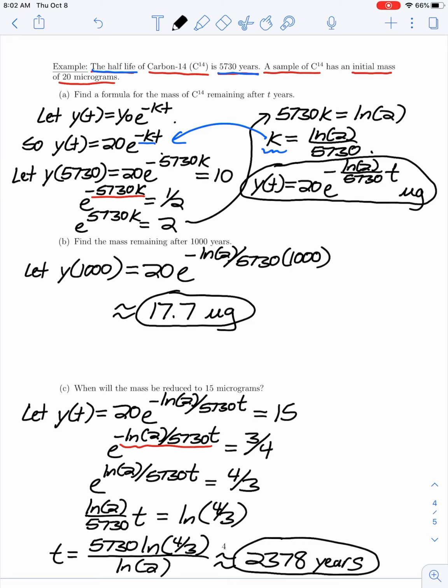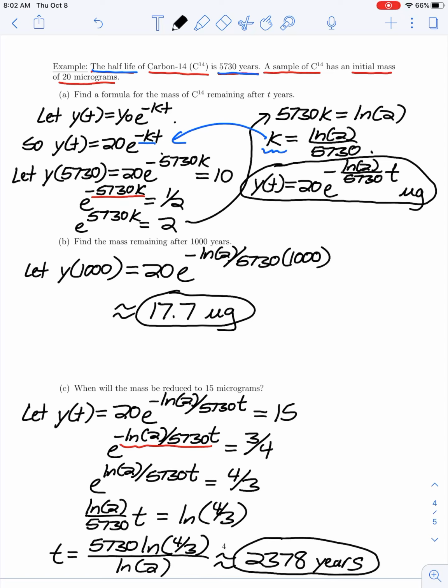Now we want to check that this might make reasonable sense in relation to our problem. We know that the half-life of this material is 5,730 years. That is the time it would take to reduce from our 20 micrograms to 10 micrograms. So the time that it would take to get to 15 micrograms should be shorter than that 5,730 years, which it is.